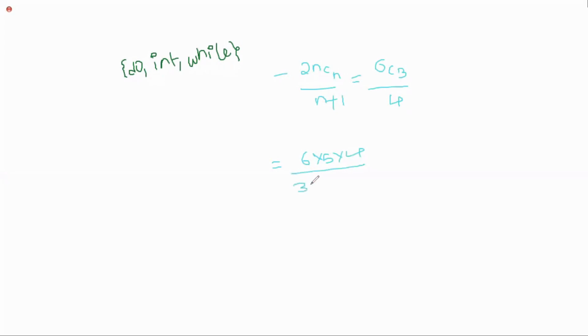I hope all of you know these permutations and combinations. So this 4 and this 4 will get cancelled, and 3 into 2 is 6. So how many binary search trees are possible? The total number of possible binary search trees is 5.